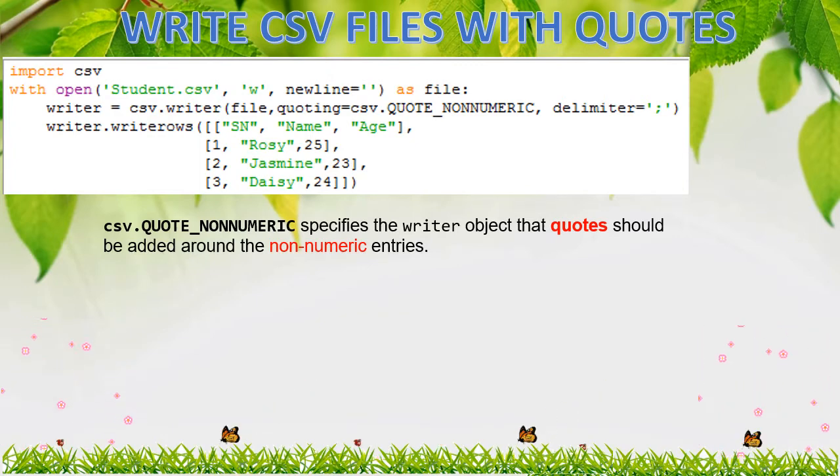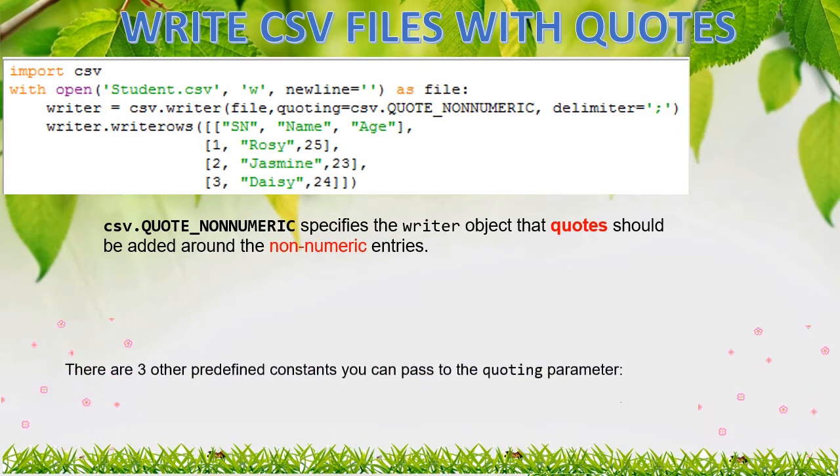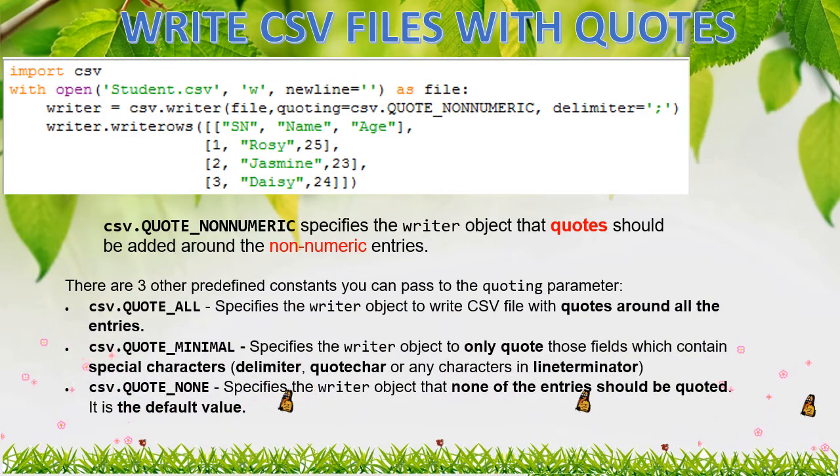That constant value QUOTE_NONNUMERIC means except the numbers, all the strings are quoted, and the delimiter here is given as the semicolon, and quoting also has some other constant values. QUOTE_ALL means all the data are surrounded by the quotes, and QUOTE_MINIMAL means only special characters are to be quoted, and QUOTE_NONE means no data is quoted.